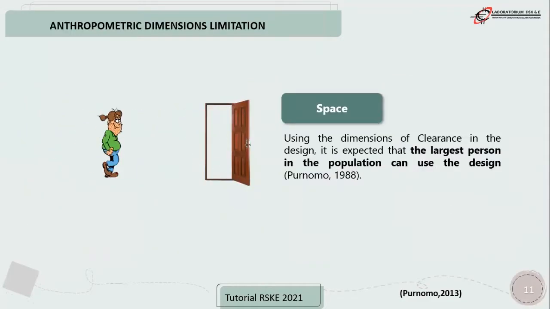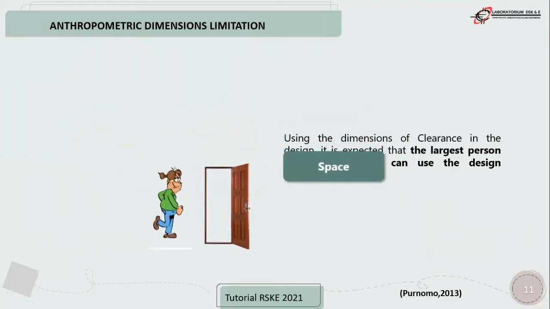Okay, there are two dimensions that are used as a limitation in anthropometry. The first is the space dimension. In designing a workstation, the environment must provide adequate access and circulation space, used to determine the minimum acceptable dimension. Because in this limitation, we use the larger percentile in the population.